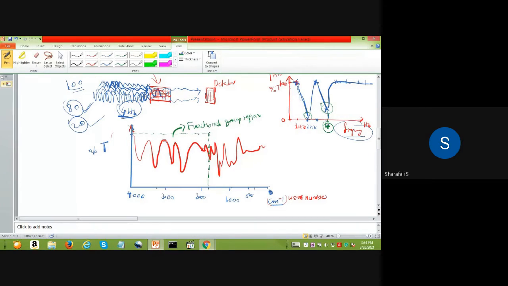And the remaining part, from around 1800 to 0, is the fingerprint region.